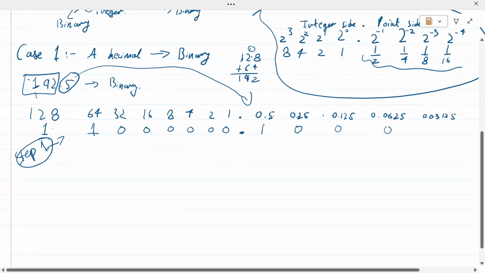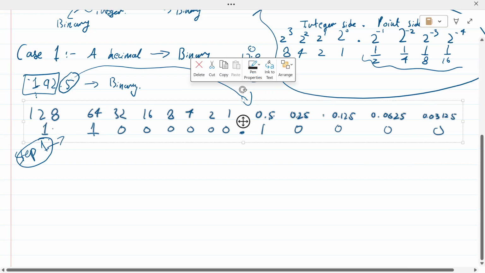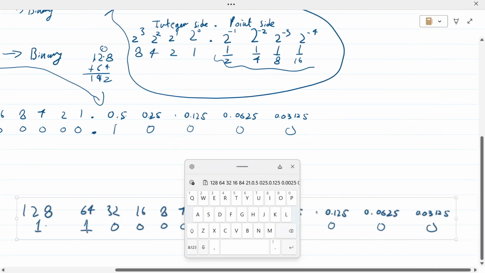Now, what we have to do here is this. I'm going to copy this entire thing. Copy it. You know what? I'm going to place it here.